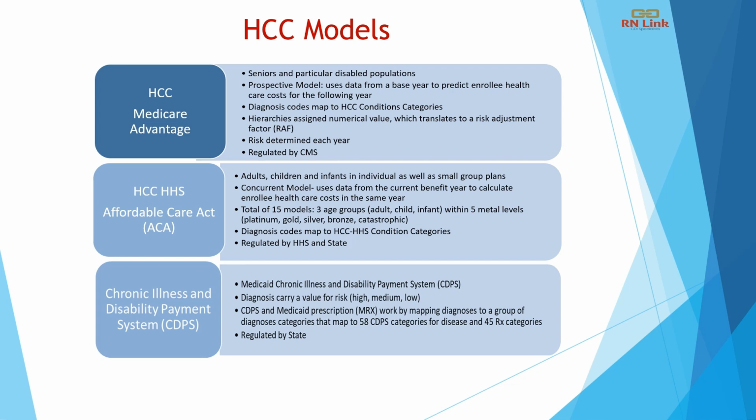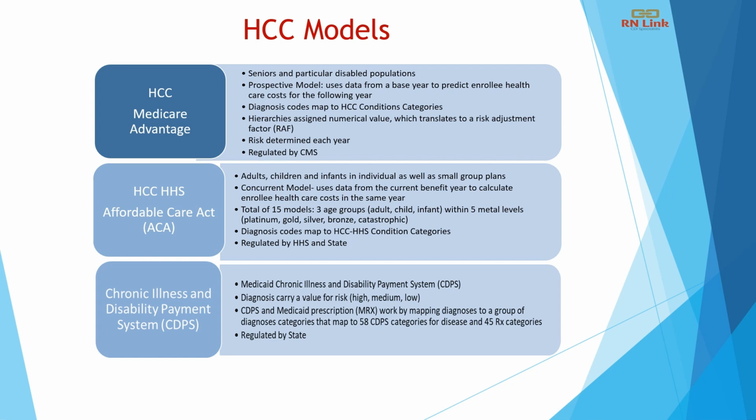Total of 15 models are 3 age groups: adult, child, infant, within 5 metal levels: platinum, gold, silver, bronze, catastrophic. Diagnosis codes map to HCC-HHS condition categories. Regulated by HHS and state.